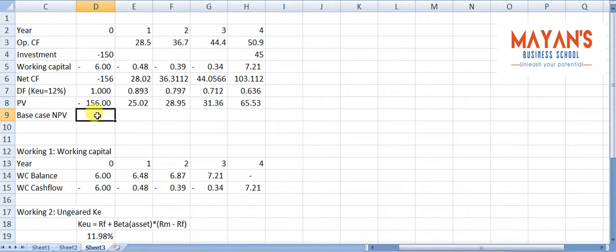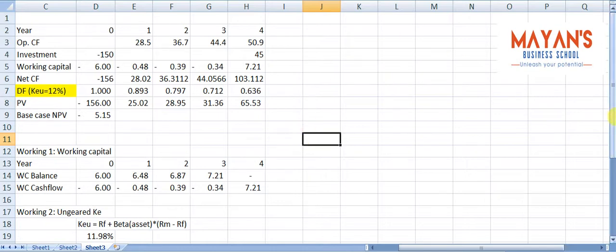Base case NPV is the sum of all these present values. So isn't it exactly something like NPV calculation? Everything is the same; as usual you find the cash flow. Only difference is this fellow. Usually we use weighted average cost of capital. Here we are using KE ungeared. Cool. So base case NPV is 5.15 negative. That is step 1, finding the base case NPV.